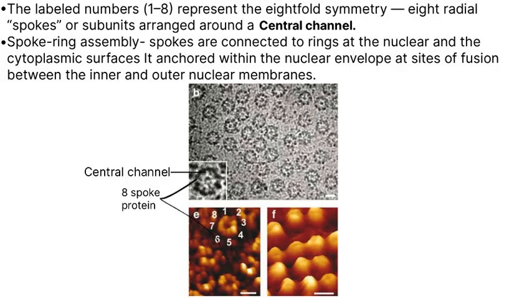And similarly, the side view cross section through the envelope shows the spokes of the cartwheel corresponding to the radial protein subunits which connect its outer and inner rings at the nuclear and the cytoplasmic surface.